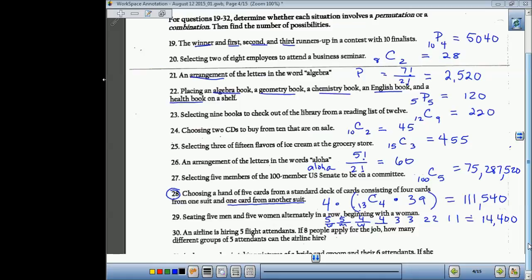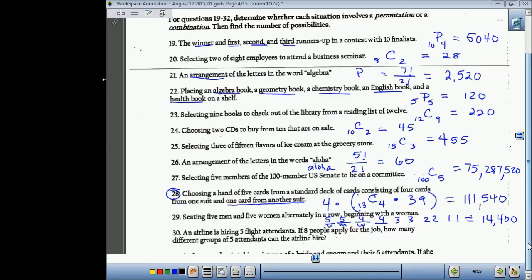Over here on the board, I have the word Mississippi. M-I-S-S-I-S-S-I-P-P-I. It has 11 letters, so it would be 11 factorial in the numerator. But there are 1, 2, 3, 4 S's, so we'd have to divide by 4 factorial. There are 1, 2, 3, 4 I's, another 4 factorial. And then there are 2 P's, so divide by 2 factorial.